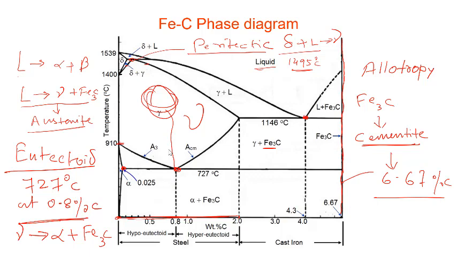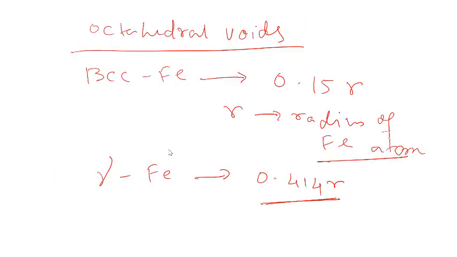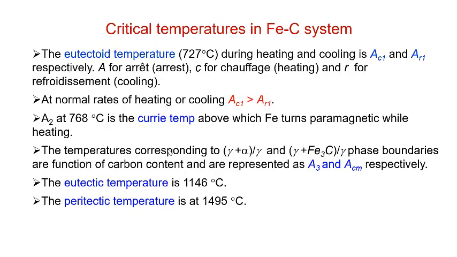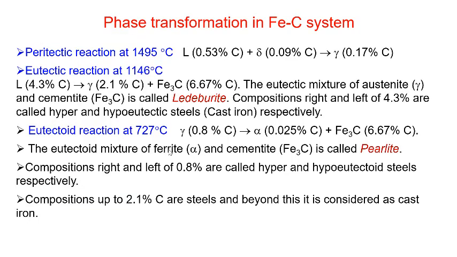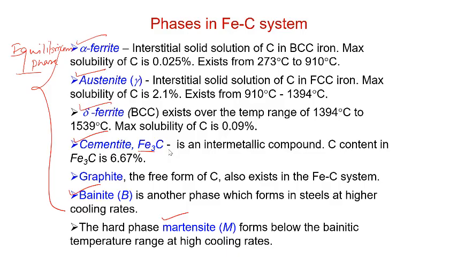And then we have also discussed the different invariant reactions in this system. These are basically the peritectic reaction that you have at 1495 degrees Celsius.